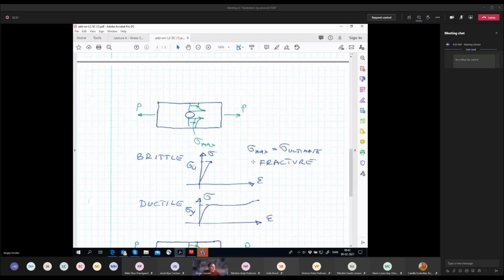There we have the difference between the performance of the brittle material and the ductile material. So if we say that this specimen is made of brittle material, let's say cast iron or glass, then the same holds true for this circular hole, not necessarily the crack.